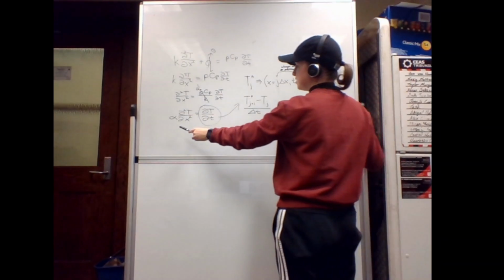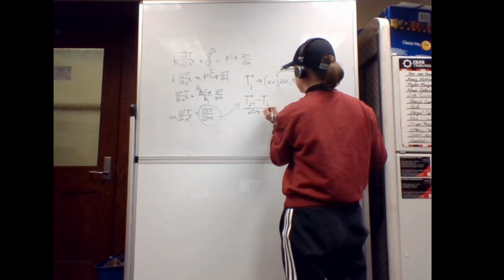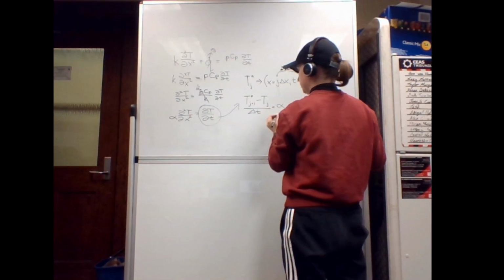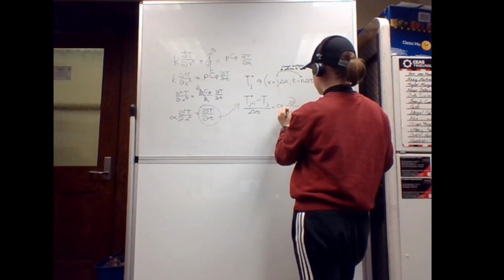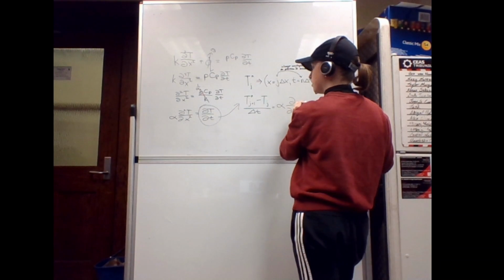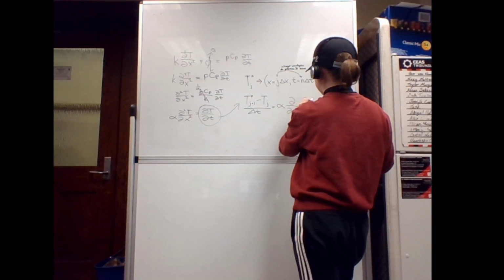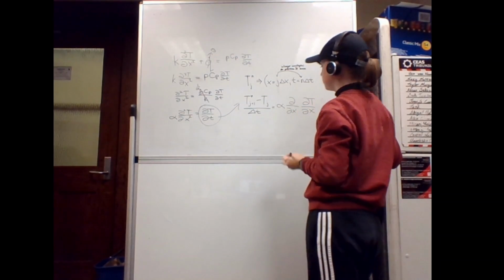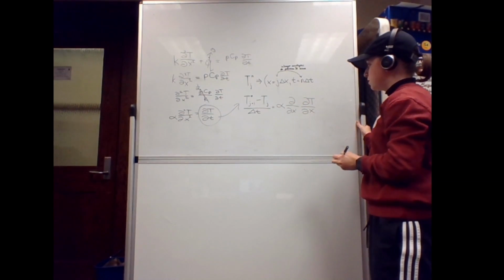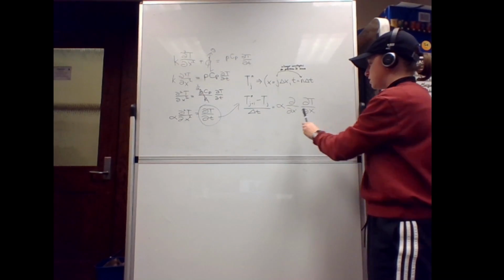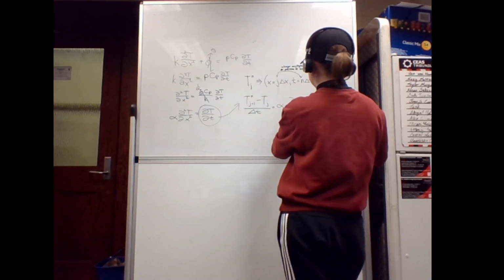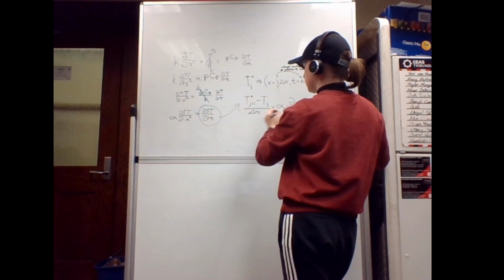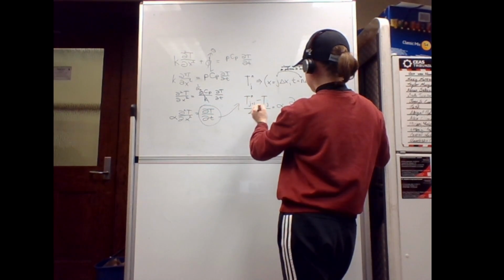And we're going to set that equal to this. We're going to split this up a little bit. So we'll still have alpha here, but we're going to pull out a partial derivative with respect to x, so that now we have a partial derivative with respect to t of the temperature with respect to x. So that's our temperature gradient. So now we can take this and note that we used the partial derivative with respect to t here on this top part.